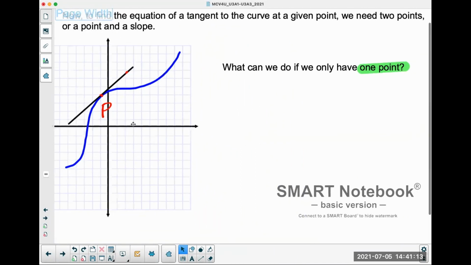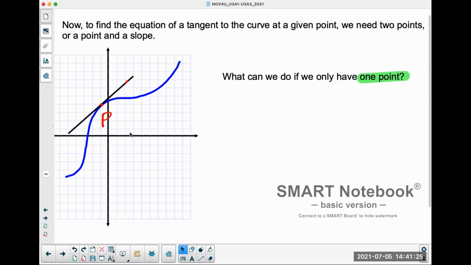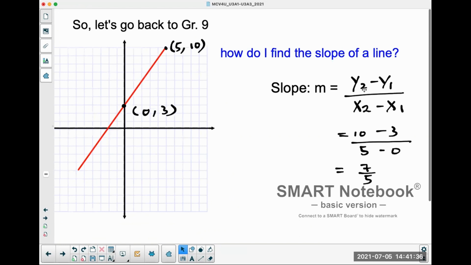So we can only rely on this one dot, and we cannot rely on any other point on this tangent line. And that's why scientists, mathematicians in the past have given up hope in finding the slope of the tangent algebraically, because they only have 1 point. And the slope formula requires us to have 2 points.